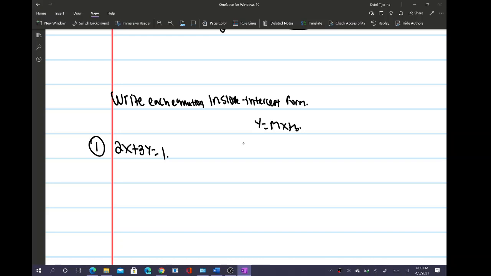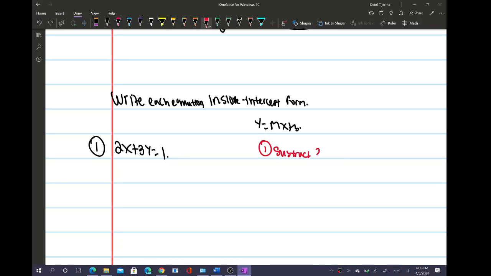So for this one, number 1, subtract 2x on both sides. So you have minus 2x on both sides. This is 3y equals 1 minus 2x, okay?